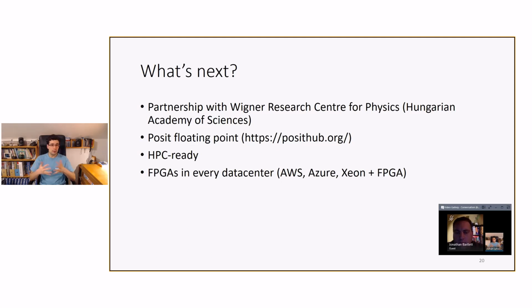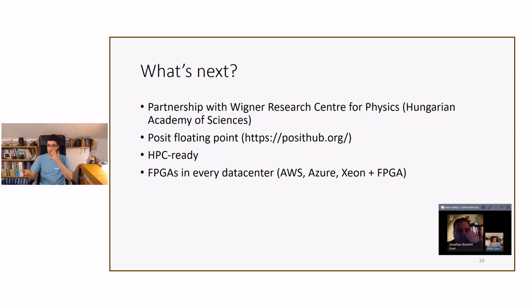We are also working on making Hastlayer high performance computing ready. As mentioned, this slow development board that we have here is kind of a bottleneck, but we are working on supporting much bigger, much faster cloud FPGAs. And FPGAs are coming into every data center out there, it seems.